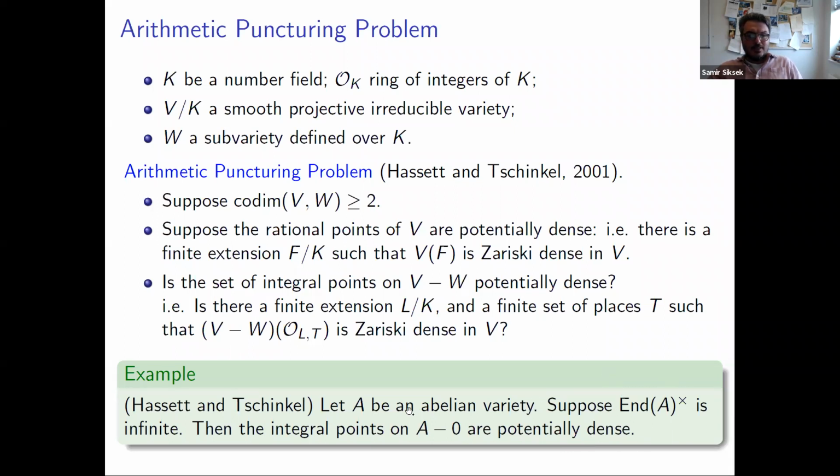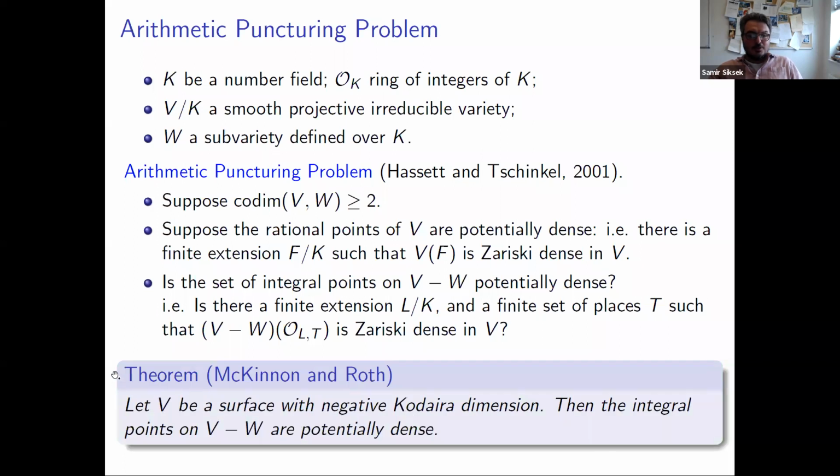Here's another example. David McKinnon has some papers on this topic with several really nice theorems, but I've chosen one that fits in about a tenth of a slide as a sample theorem.